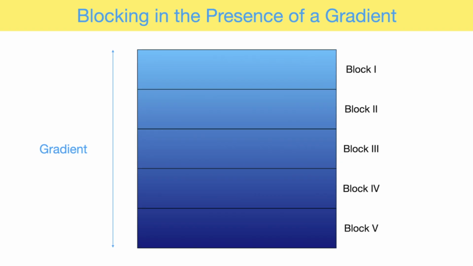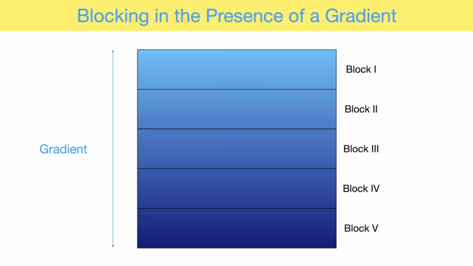Because the gradient is running, let's call this, in the north-south direction, what we would do to deal with this is to set up our blocks that are oriented perpendicularly to that gradient. With the way we've got this set up, we've got fairly long, skinny blocks that are horizontal.